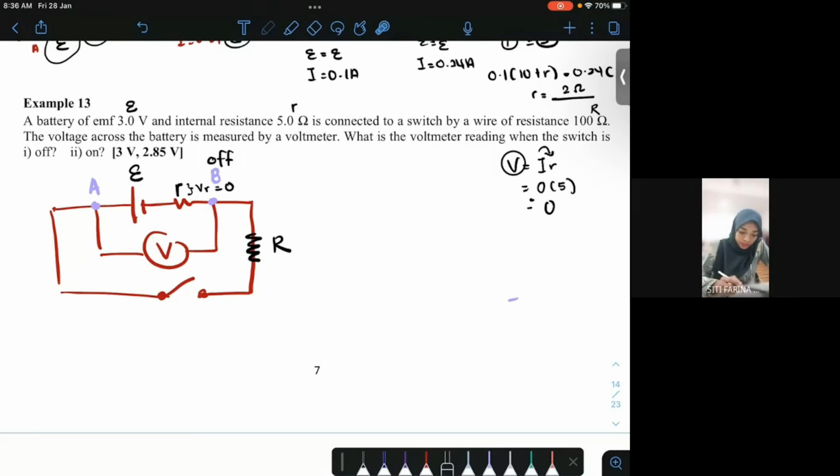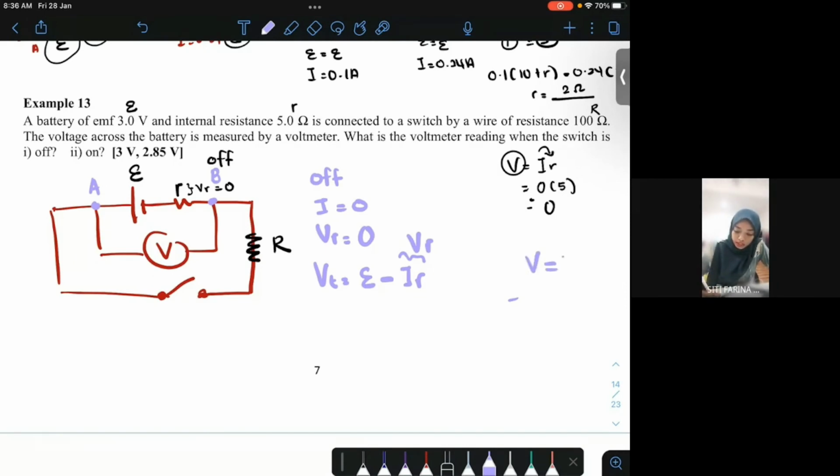So at this particular point, when you do not have any current leaving, bila switch off, I sama dengan kosong. Current takkan keluar. So bila current takkan keluar, voltage drop across internal resistance adalah 0. So according to this equation, EMF minus IR ni adalah VR, voltage across internal resistance.